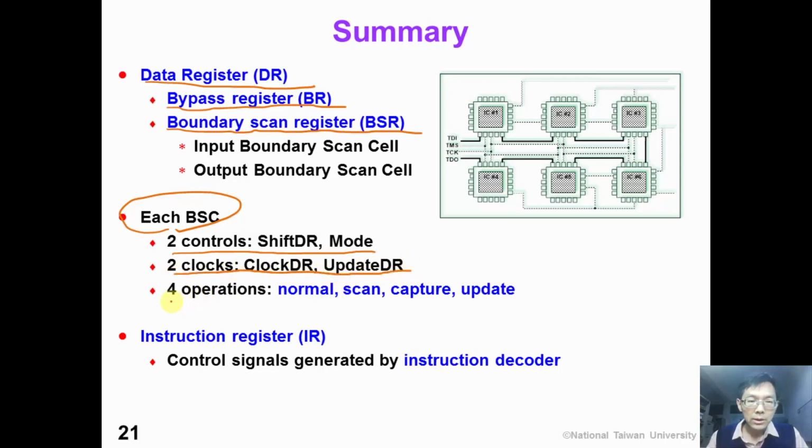We can support 4 operations: normal operation, scan, capture, and update. We also introduce the instruction register, which stores the instruction and provides the instruction to the instruction decoder to generate control signals.